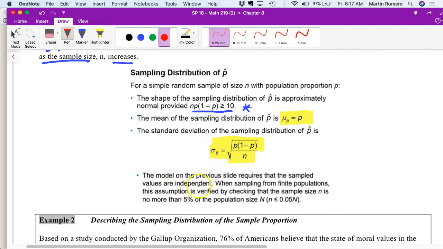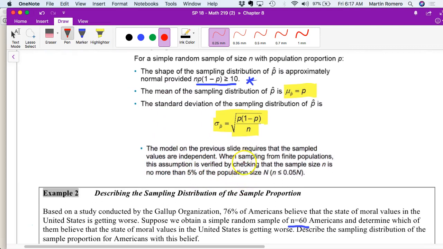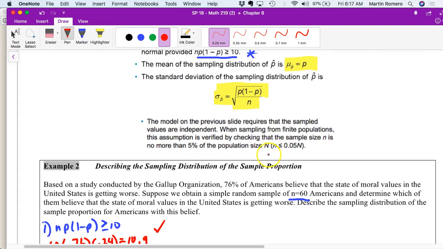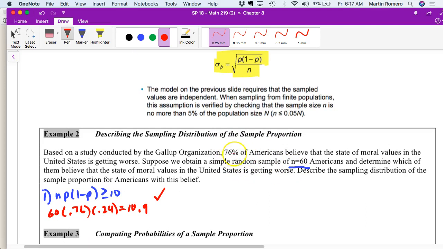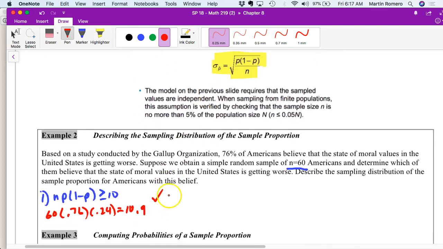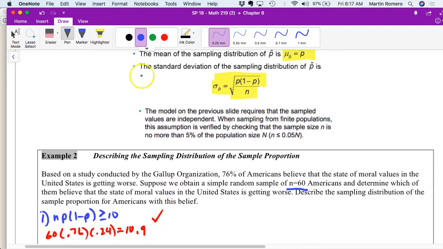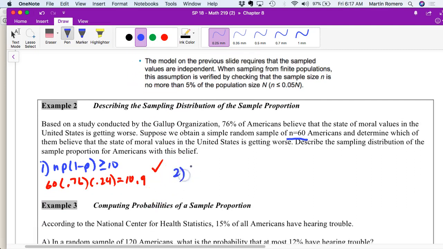Second condition: the sample needs to be less than 5% of the population, and that is definitely met. n equals 60 is less than 5% of the U.S. population for sure. There's millions of people.